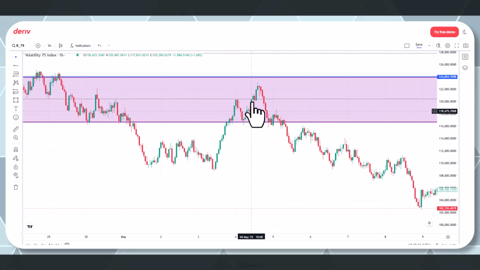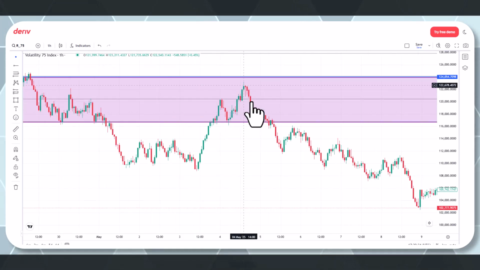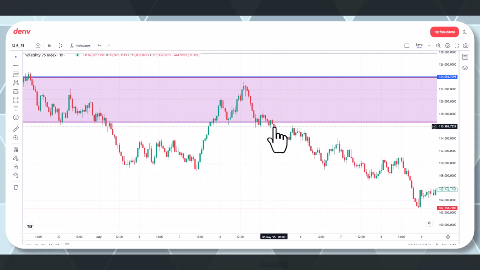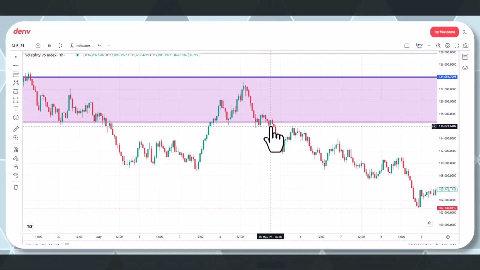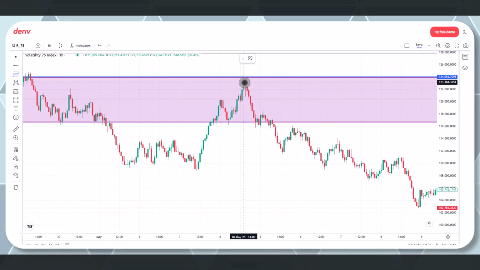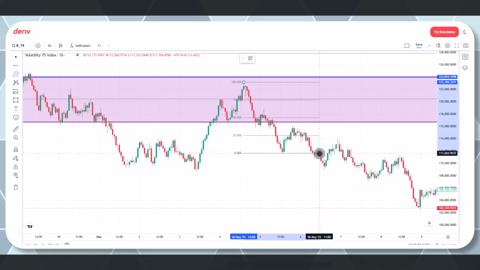Now, what you want to do is pull a fib from this high to this low. Watch how price retraced into the 25% and never got into the 50% level, coupled with the fact that there was a fair value gap resting in here that price had to actually trade into. And beautifully, we saw how price continued rallying down. It's as easy and as simple as this.